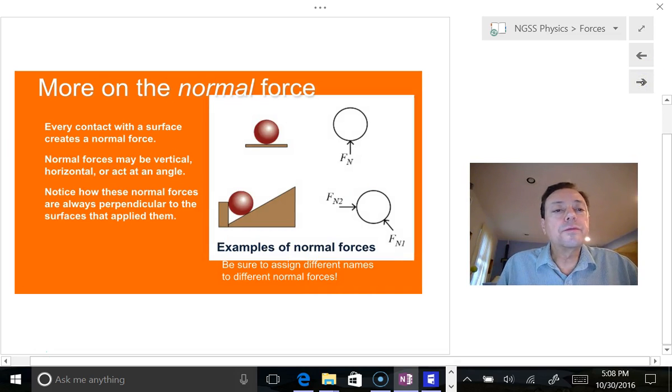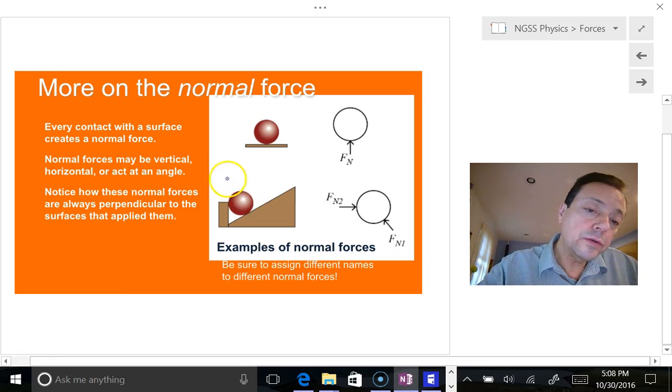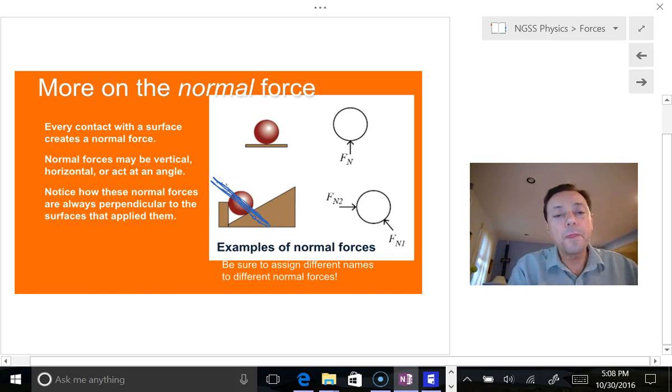Every contact with a surface creates a normal force. Normal forces may be vertical, horizontal, or at any angle. Notice how these normal forces are always perpendicular to the surfaces that applied them at the point of contact. So, if we were to draw a force in here, it would go something like this.